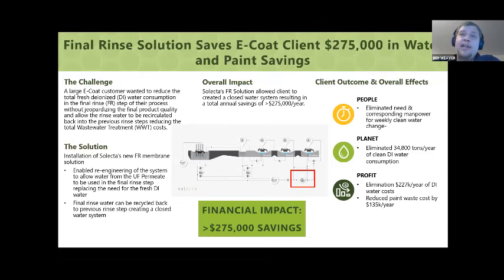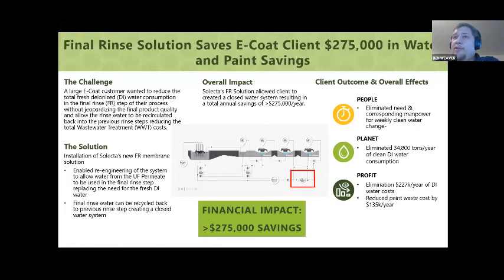But it allows it to be a closed loop system and recover some of those paint solids as well. With this FR system, we eliminated the need and manpower for weekly clean water change out. This involved the DI regeneration and the weekly maintenance on the DI system, which they were doing basically once a week at the site.